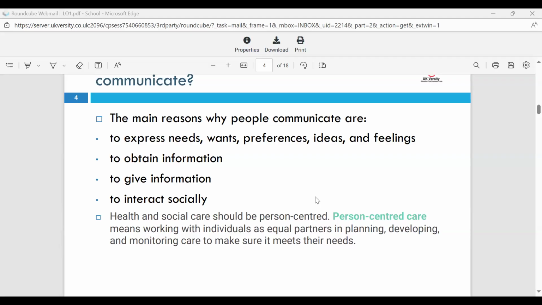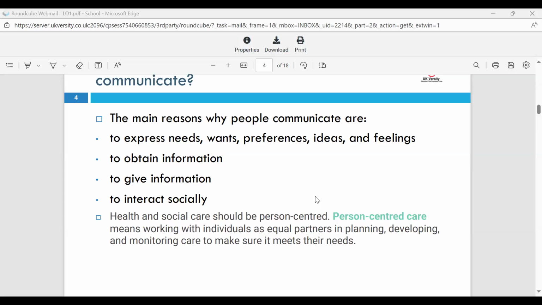Having this person-centered care means that individuals are equals in planning and monitoring their own care plans. So making sure they're able to understand what they're doing is important, because it's difficult sometimes for a patient to understand, especially if they're elderly, or have language barriers, or any sort of mental illnesses or disabilities that prevent them from understanding properly.